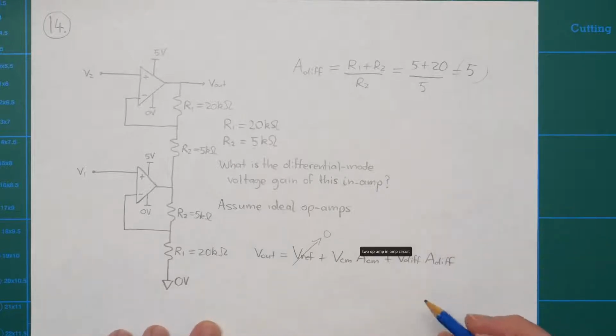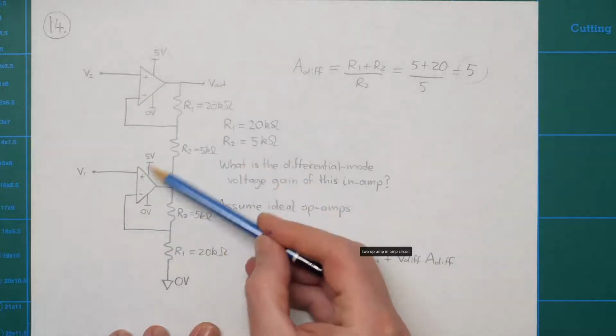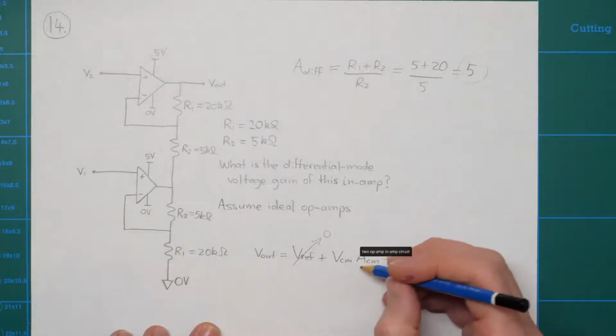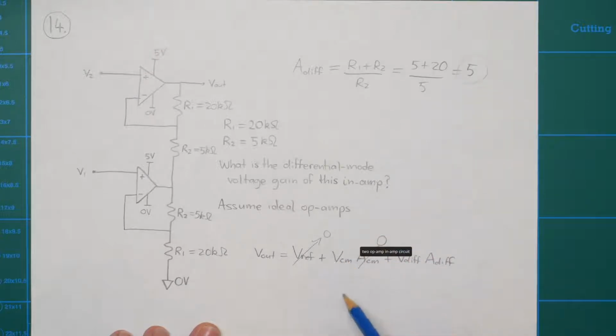In this case Vref is equal to 0. The reference voltage at the bottom here is 0, so that term is just going to be 0. In an ideal world, with ideal op amps and perfectly matched resistors, the common mode gain is going to be 0, which means the common mode term goes away, and the entire output of the amplifier just depends on the differential input voltage.